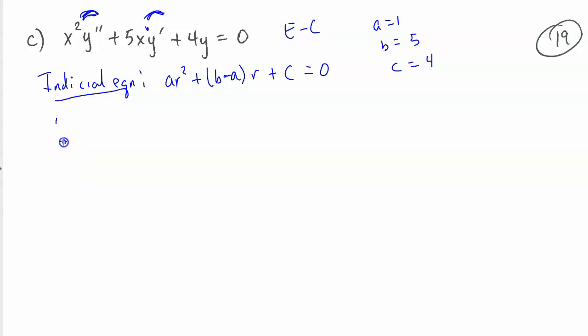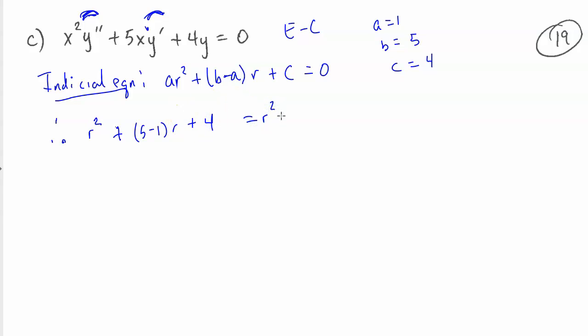So now that we have that information, we can go ahead and plug everything in. And when we do, we see we have r squared plus, our b is 5, our a is 1, so 5 minus 1 times r, plus c, which is 4.